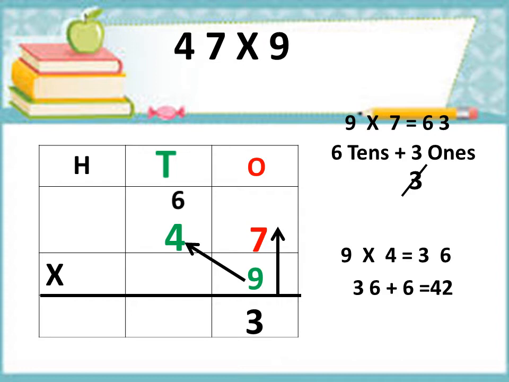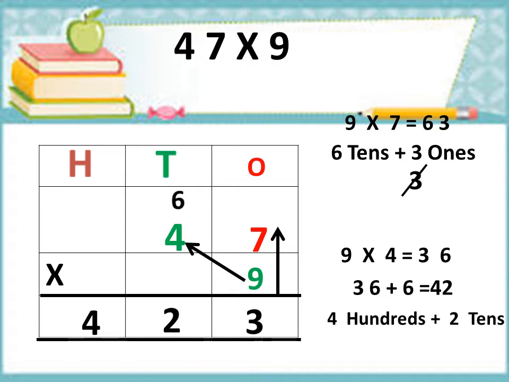Now 36 plus 6 is 42 tens. Now regroup 42 tens as 400 plus 2 tens. Write 2 tens in the tens place. At last write 4 in the 100 column. Now the answer is 423.